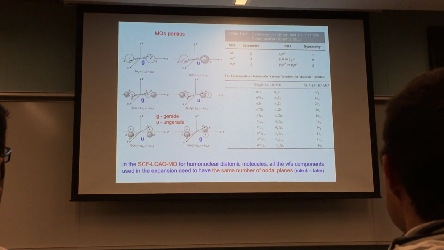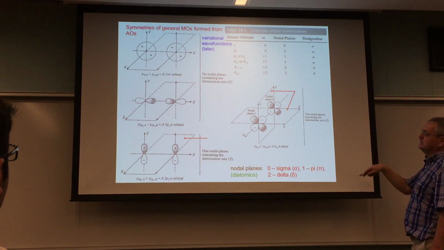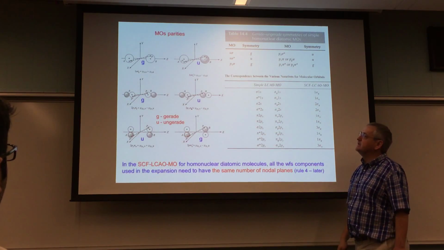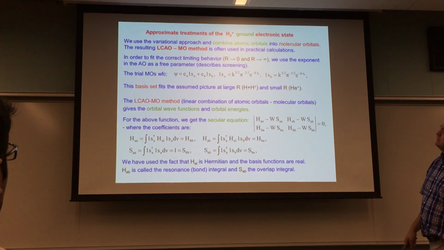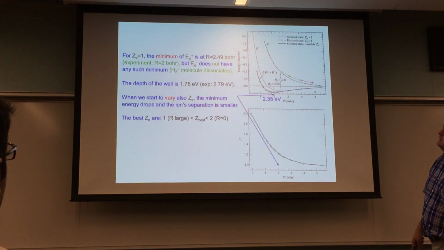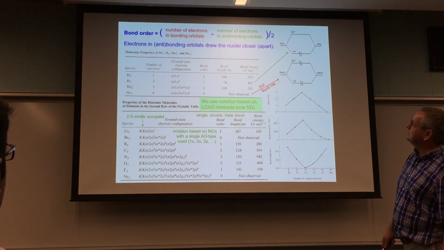Yeah, and then we discussed a little bit the symmetries. You can look at it if you want. There are all kinds of symmetries of these wave functions. And again, the states can be characterized depending on the symmetries, and we can then construct the molecular states in a similar way.